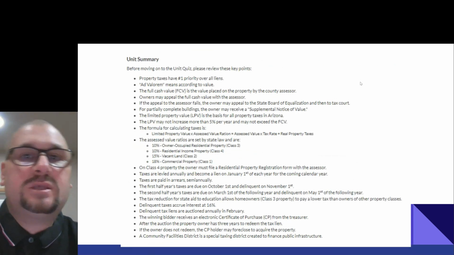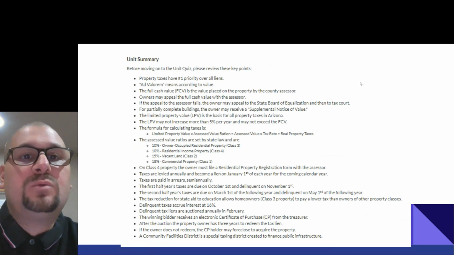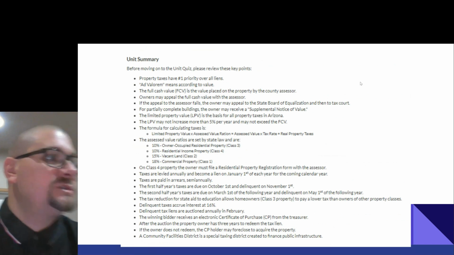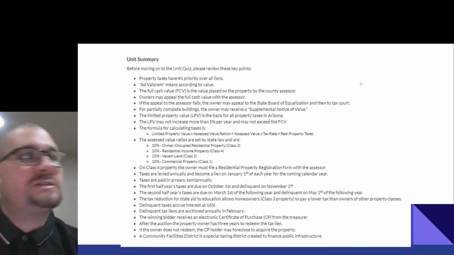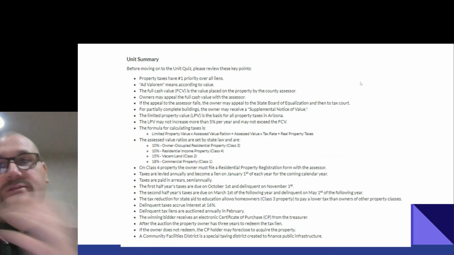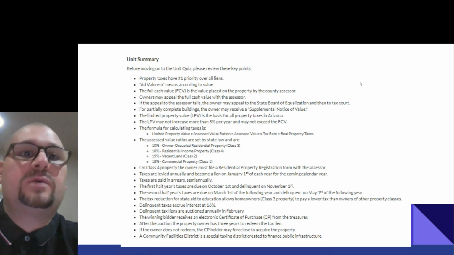So let's go over some of the key points. Property taxes have number 1 priority over all liens. If you're asked which has the highest priority on liens, it's always property taxes. You always want to pay off your property taxes.